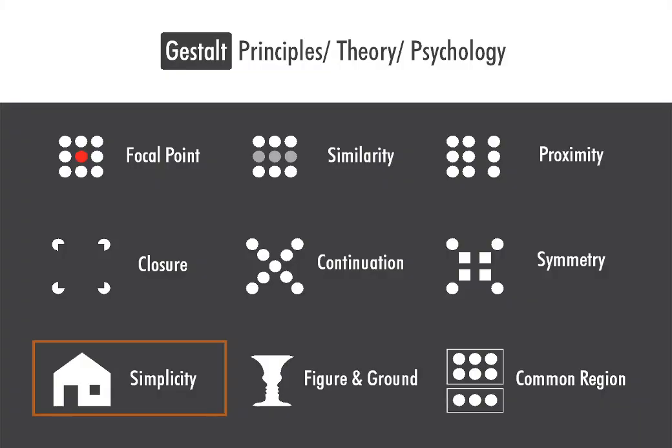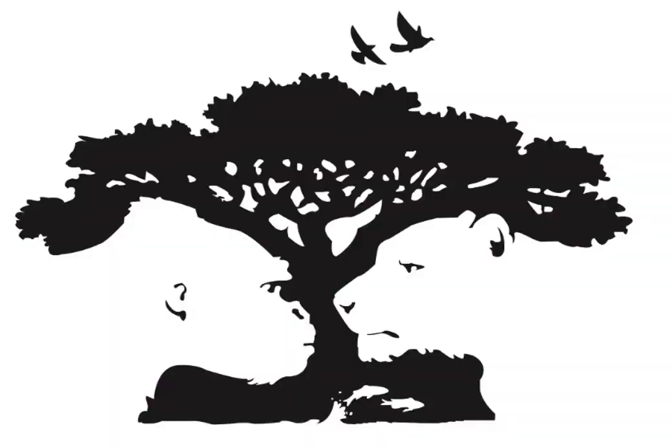Now, figure and ground. Figure and ground. It is the coolest method used in visual design, and also it is the most difficult one to create. Figure ground, also known as negative space, is similar to the closure principle in that it takes advantage of the way the brain processes negative space.